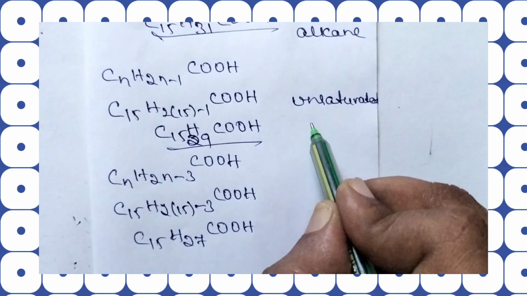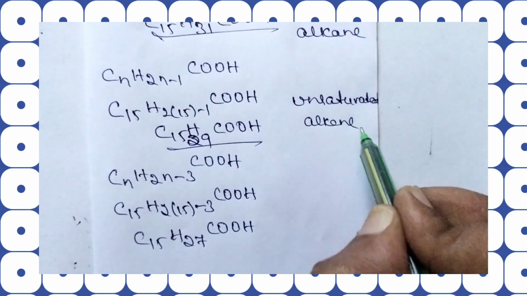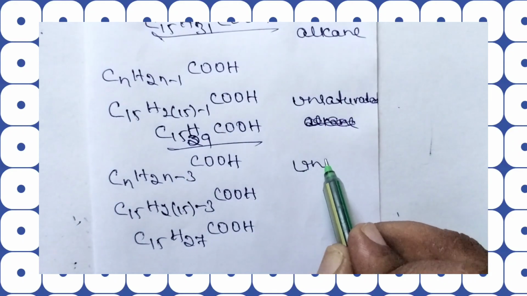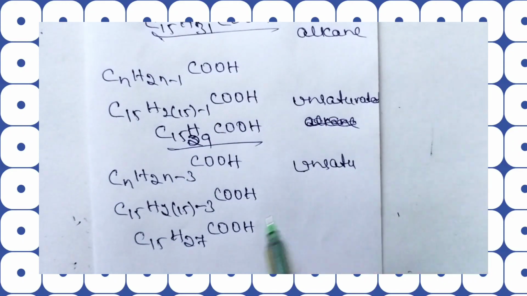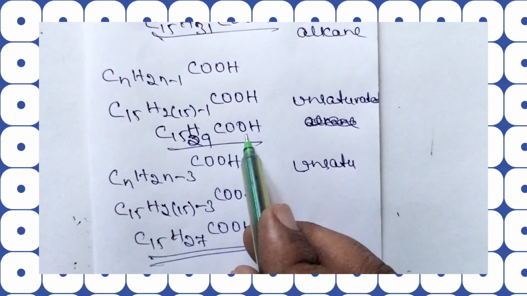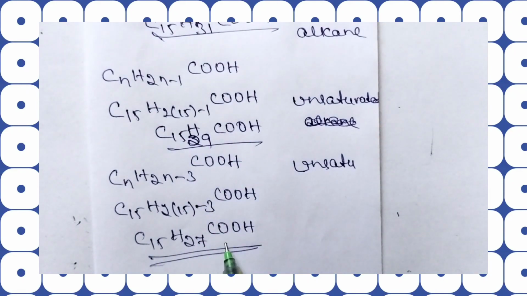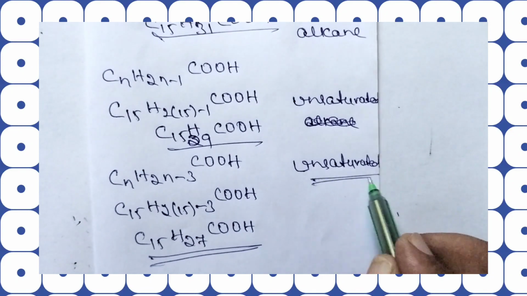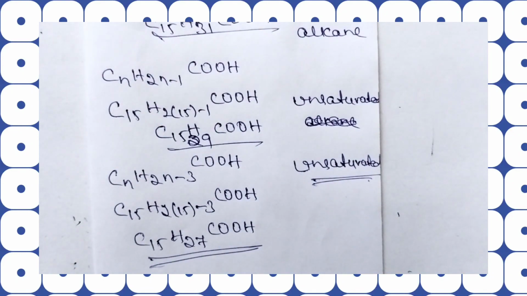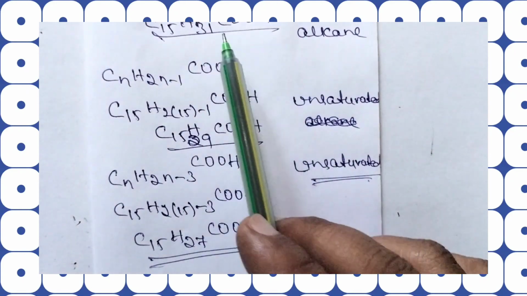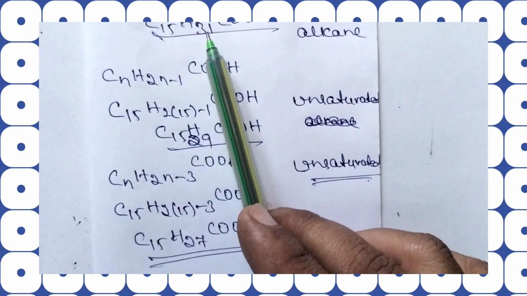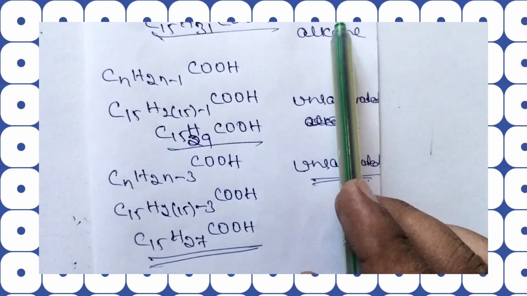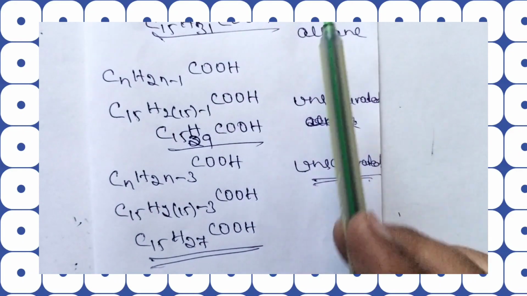So unsaturated alkene or alkyne we don't know, but it is unsaturated. Both are unsaturated. C15 H29 COOH, C15 H27 COOH. So both are unsaturated hydrocarbon. ಸೊ ಇಲ್ಲಿ ಏನಾಗ್ತಾ ಹೋಗುತ್ತೆ, ಇದು ಸ್ಯಾಚುರೇಟೆಡ್ ಅಂತ ಬಂದಾಗ ಕಾರ್ಬನ್ ಅಷ್ಟೇ ಇದೆ, ಬಟ್ ಹೈಡ್ರೋಜನ್ಗಳು ಹೆಚ್ಚಾಗ್ತಾ ಹೋಗ್ತಾ ಇದೆ, ಇದು ಲೆಸ್ ರಿಯಾಕ್ಟಿವ್ ಆಗ್ತಾ ಹೋಗುತ್ತೆ.